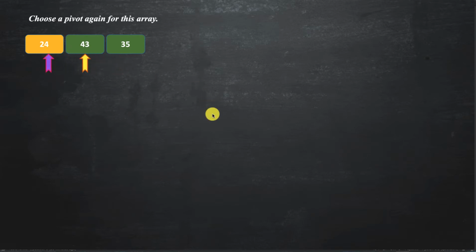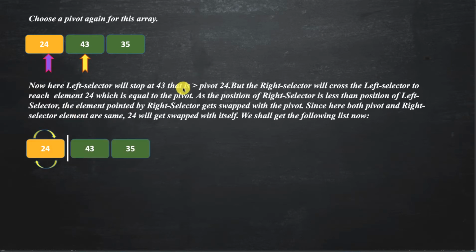And again, we meet the second condition. Since these two have crossed and the left selector is greater than the right selector, we swap the value pointed by the right selector with the pivot. So we end up with an array of size 2.